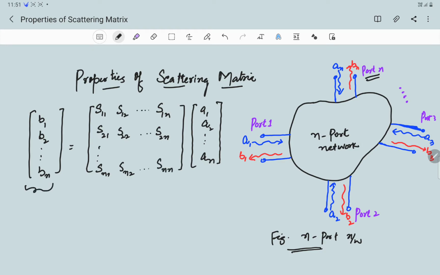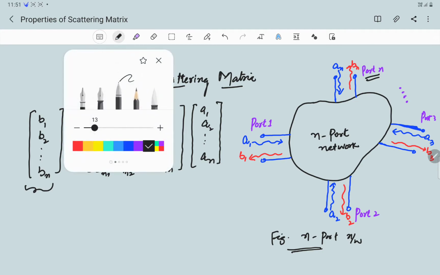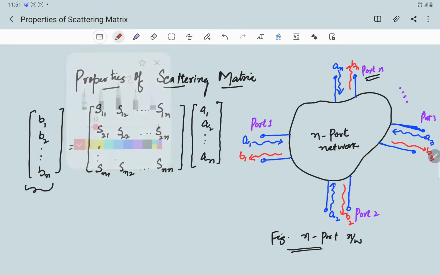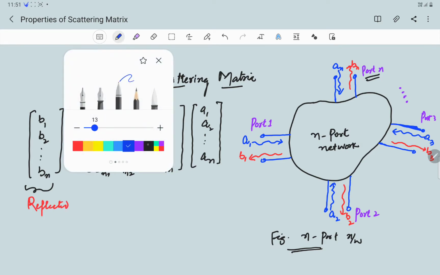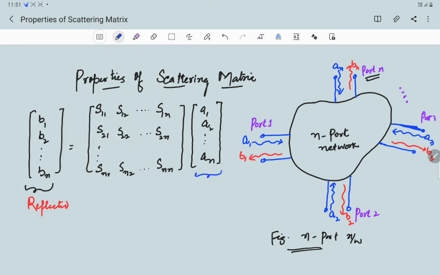So this corresponds to reflected waves, and this corresponds to incident waves.